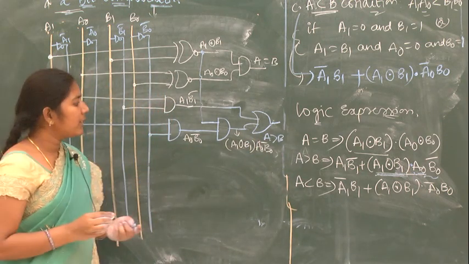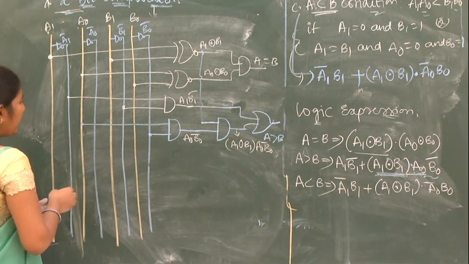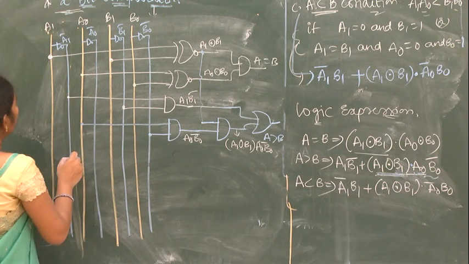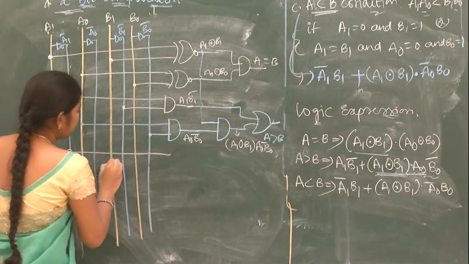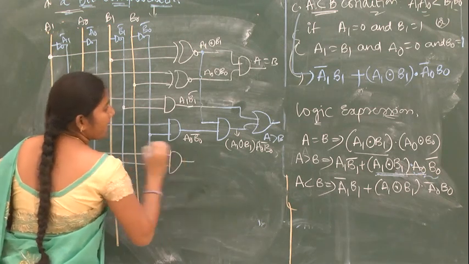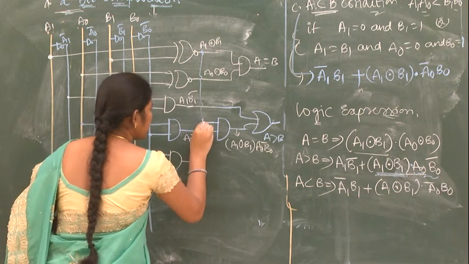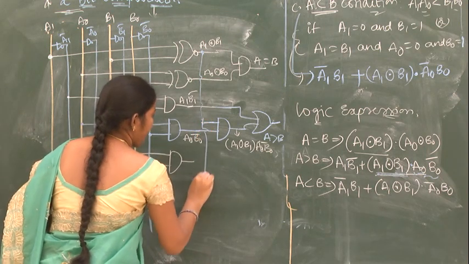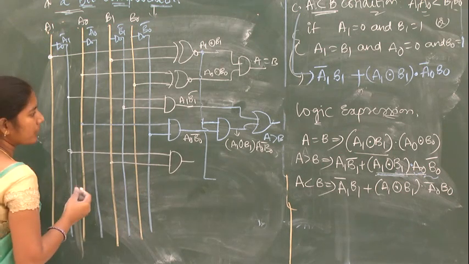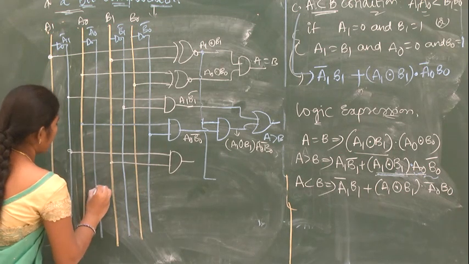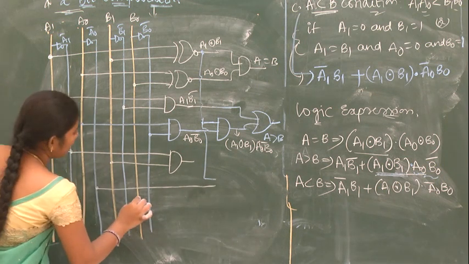Fine. The third function is A less than B, right? A1 bar B1. Next, the A1 exclusive NOR function, and with A0 bar and B0.